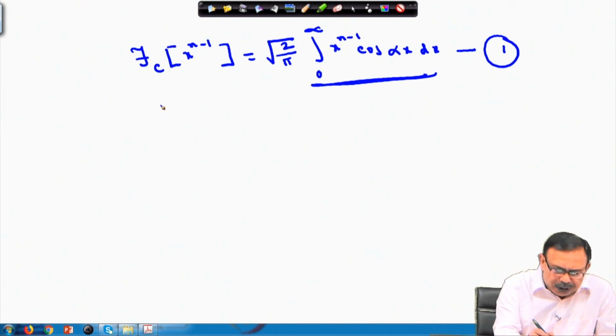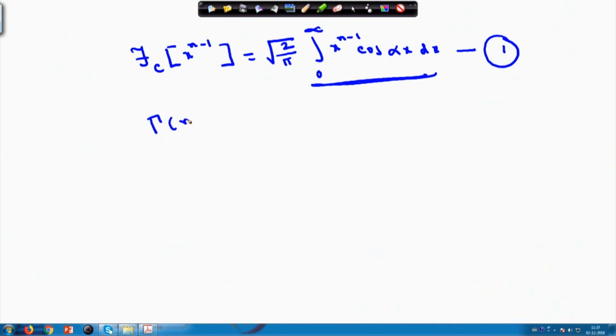So, let us start with, we know gamma n, from the definition of gamma function, equals integral 0 to infinity e to the power minus y, y to the power n minus 1 into dy.